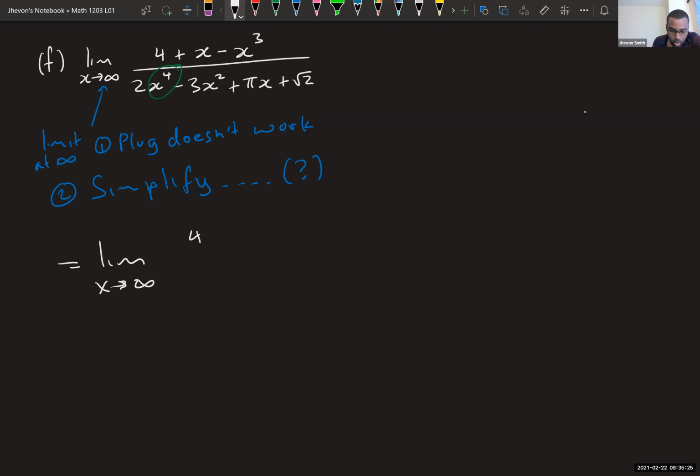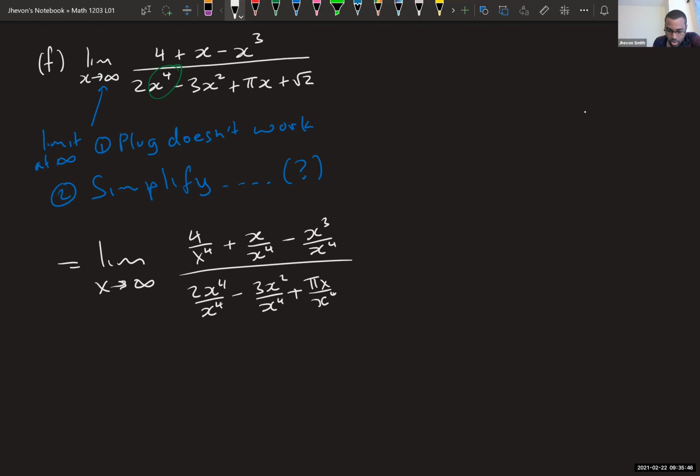So I'm going to go, 4 over x to the fourth plus x over x to the fourth minus x cubed over x to the fourth, 2x to the fourth over x to the fourth minus 3x squared over x to the fourth plus pi x over x to the fourth plus radical 2 over x to the fourth.